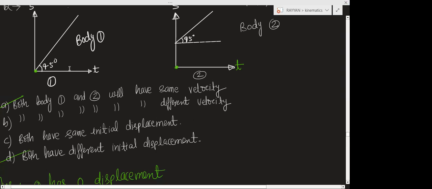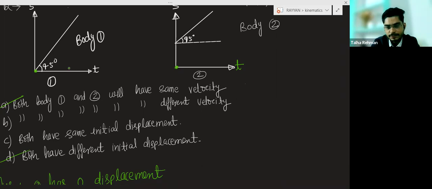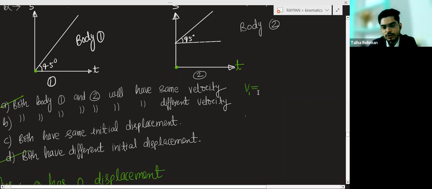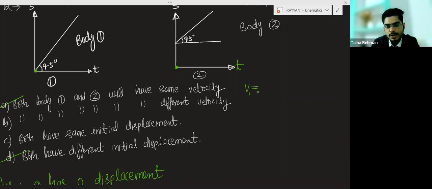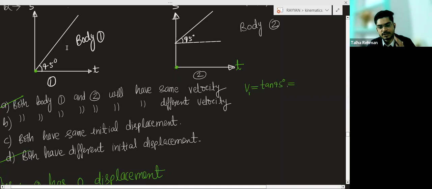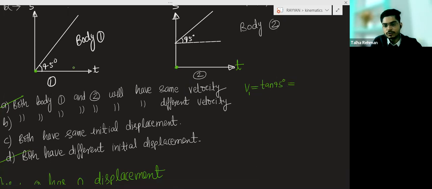First we need to find the velocity. For graph number 1, we will find the velocity, and velocity is basically the slope, and slope is tan theta. Here tan theta is tan 45, and tan 45 is equal to 1.